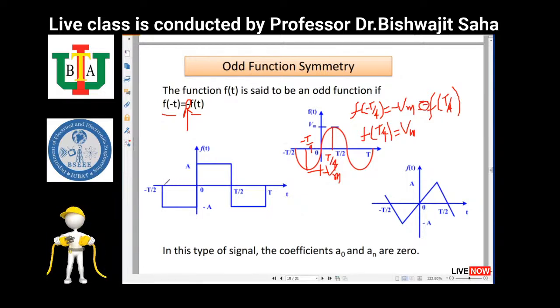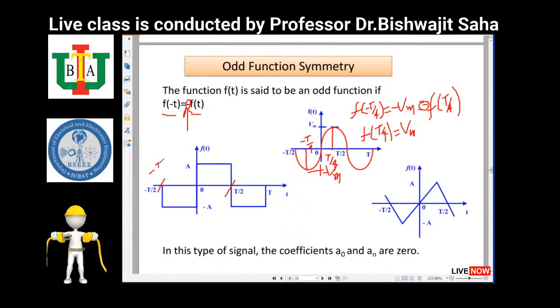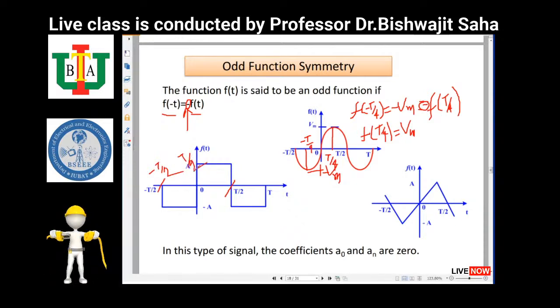Because if the signal starts from minus T by 2 and goes up to T by 2, that means this is one complete cycle. So the limit is minus T by 2 to T by 2. This is a one cycle period.